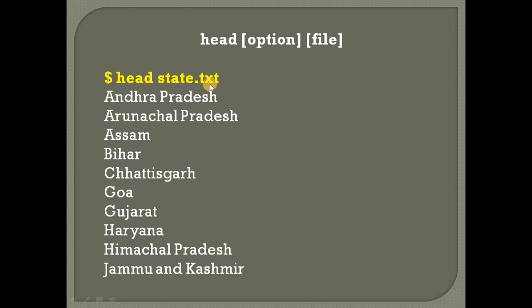I have already created this state.txt file by using the cat command, and by using this head command we have displayed the first 10 records of this state.txt. So this is how we are going to use the head command.